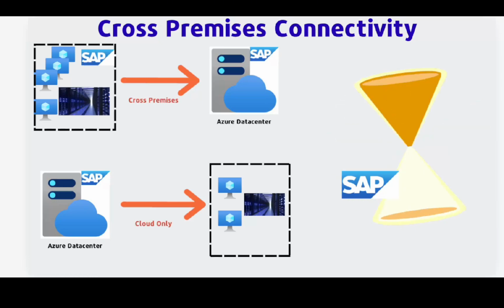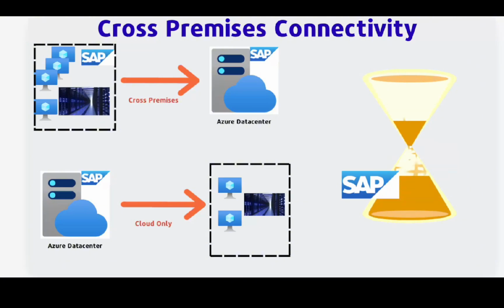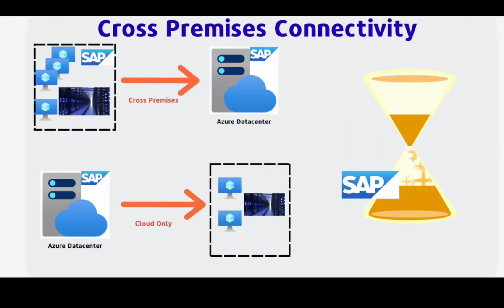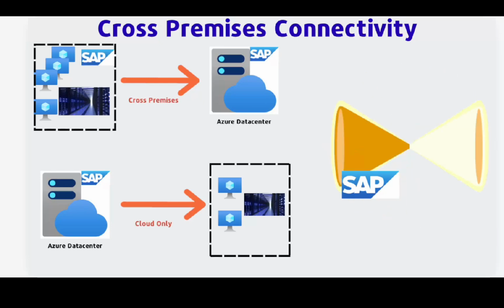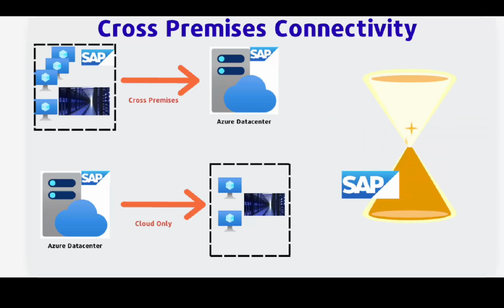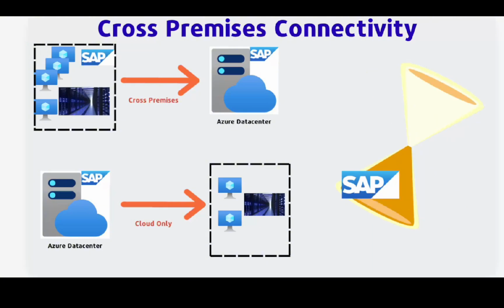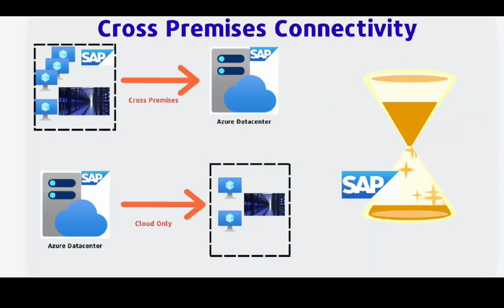For example, you cannot have the SAP database on-premises and the application in Azure. That will not work. Also, splitting up of SAP components between on-premises and Azure is not allowed. And distributing virtual machines running SAP instances of a single system across multiple Azure regions is also not allowed.